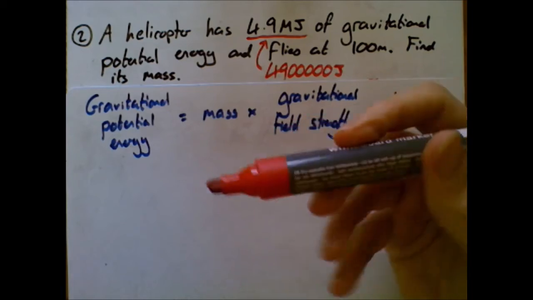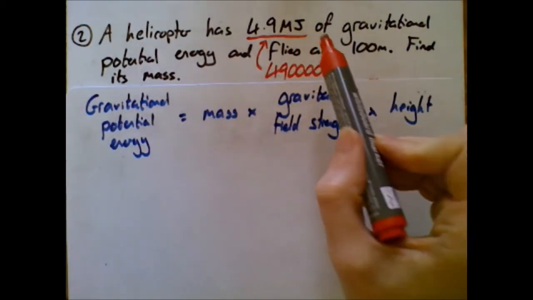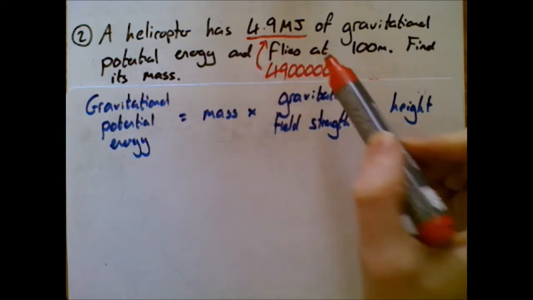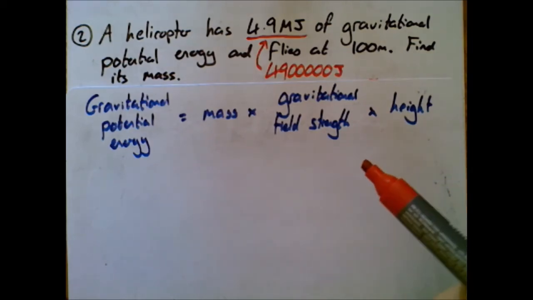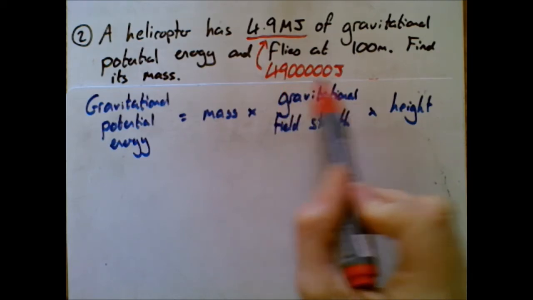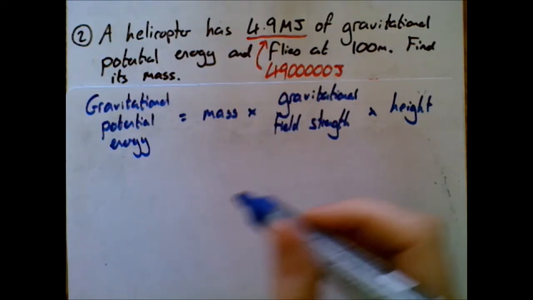Now, for those of you confident with maths and familiar with standard form, mega just means times 10 to the power of 6. So you could write this as 4.9 times 10 to the power of 6 joules. If you don't know what I'm talking about or you're not happy with that, this way hopefully you can understand. Multiplied by a million gives me my number of joules. So there's my energy.